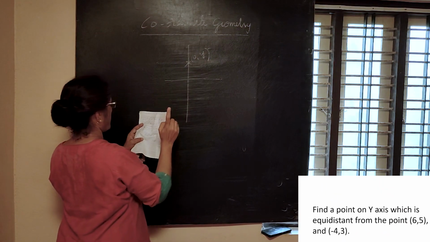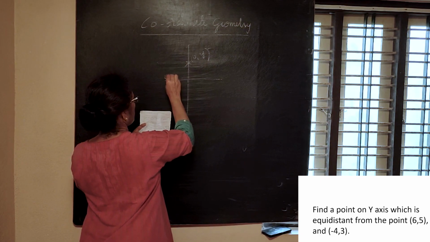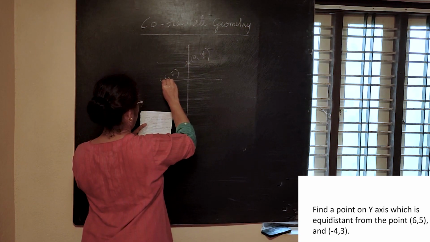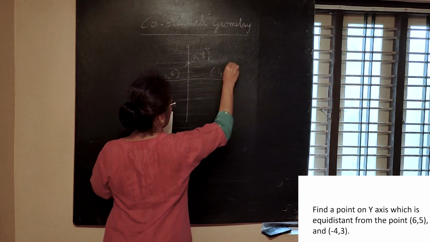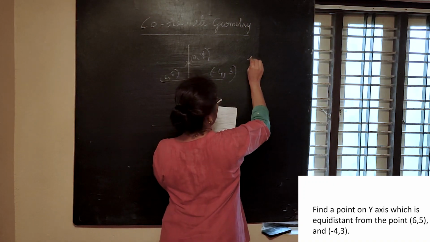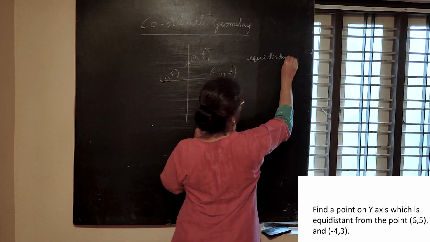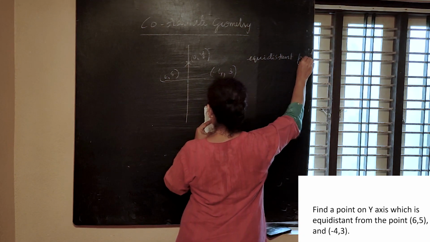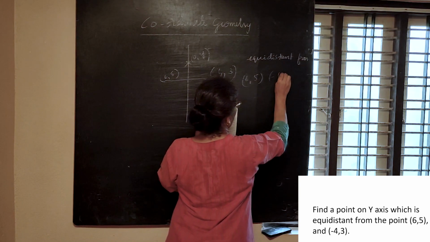This is equidistant from the point (6, 5) and (minus 4, 3).